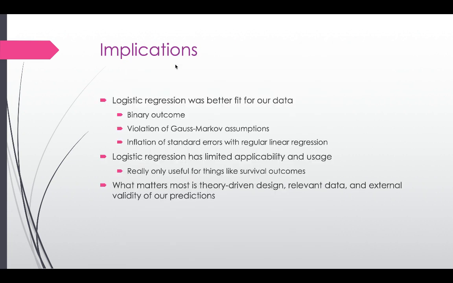So, implications. Overall, it seems like logistic regression was a better fit for our data, especially given the fact that we had a binary outcome variable, which violated a handful of Gauss-Markov assumptions, like non-normal distribution, for example. When we do have non-normal distribution, Press and Wilson recommend that we use logistic regression with maximum likelihood estimators because this gives us a better fit for our model with the inherent smoothing process that it has.